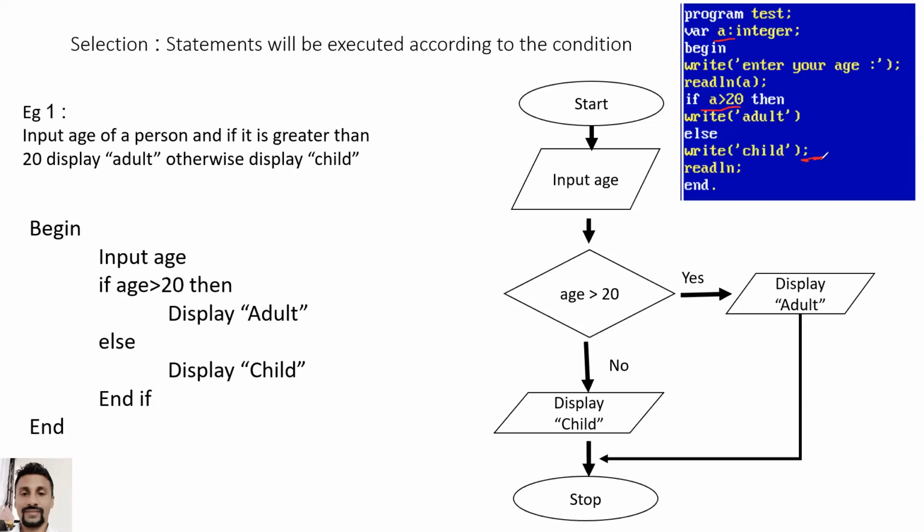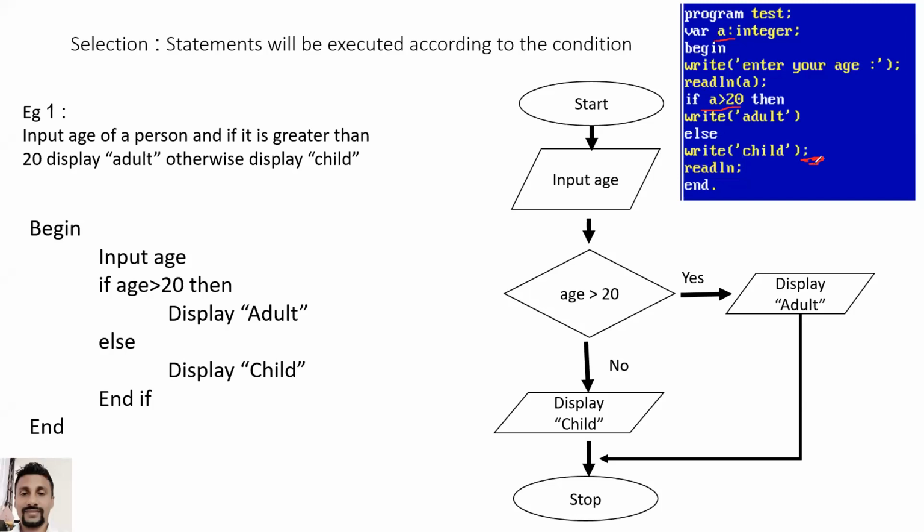Then here I have used a semicolon. The place where you close the if condition, there only you are using the semicolon to describe that this is the place where the if condition is closing. So it will be detected by using this semicolon.